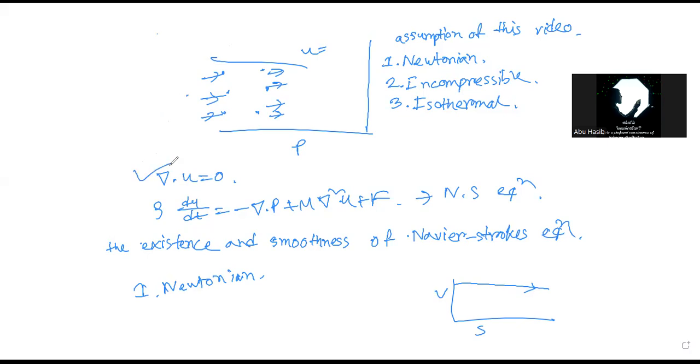This first equation tells us that mass is conserved within the fluid. The operator here is called the divergence, the divergence of a vector field, and the vector field in this case is u.